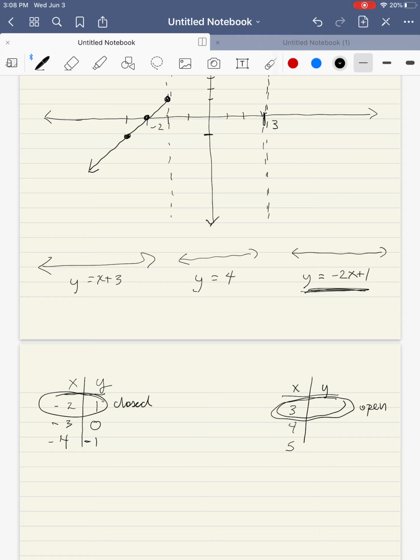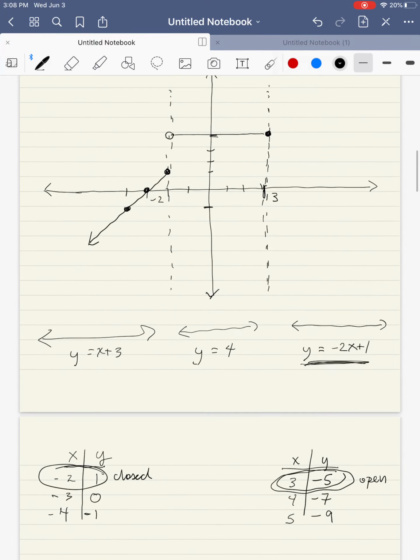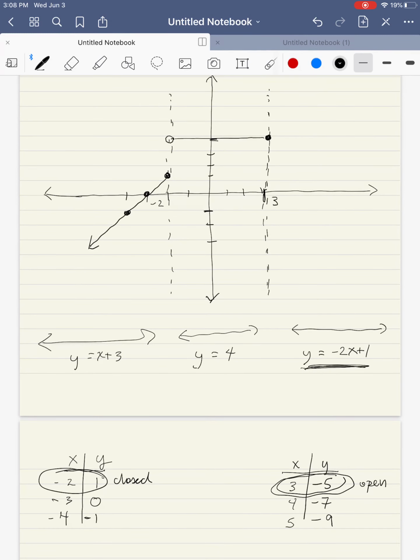So I can plug those numbers in: y equals negative 2 times 3 is negative 6 plus 1 is negative 5. Negative 2 times 4 is negative 8 plus 1 is negative 7. And then negative 2 times 5 is negative 10 plus 1, which is negative 9.